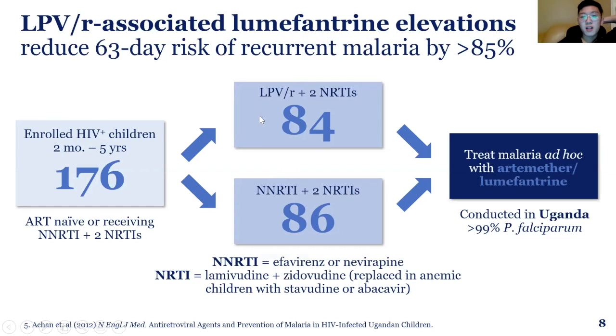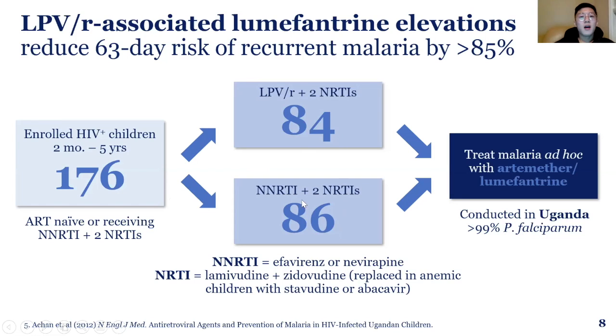One received lopinavir-ritonavir with 2 nucleoside reverse transcriptase inhibitors. The other received NNRTI plus 2 NRTIs. The NNRTI in these cases are either efavirenz or nevirapine. And the NRTIs were lamivudine plus zidovudine, or in some cases, zidovudine was replaced in anemic children with certain other drugs.